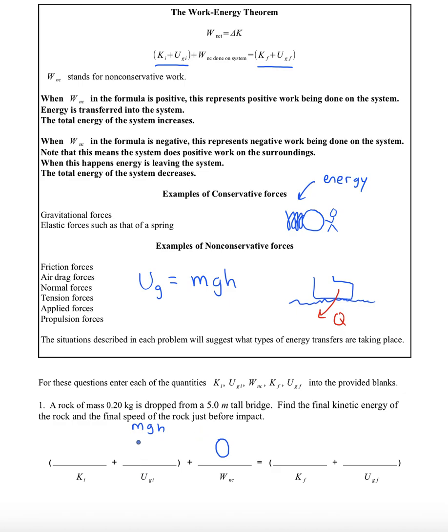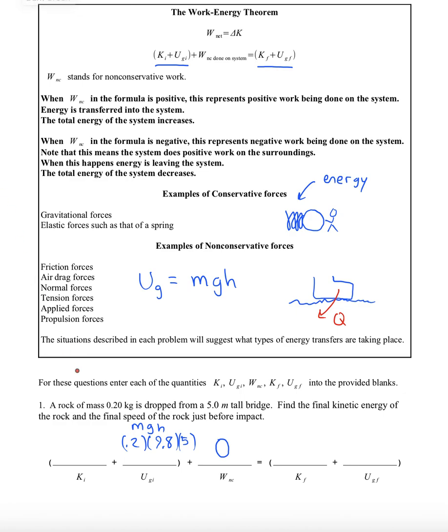Alright, so it's going to be, let's see, 0.2 kilograms. G will be 9.8. And then for h, we just want the height above ground, 5 meters. Okay, multiply those, and you get the initial gravitational potential energy of the rock.